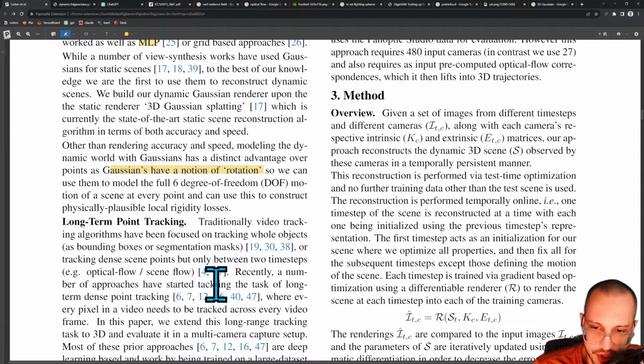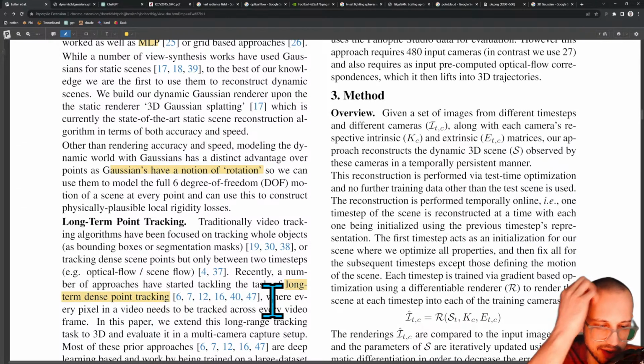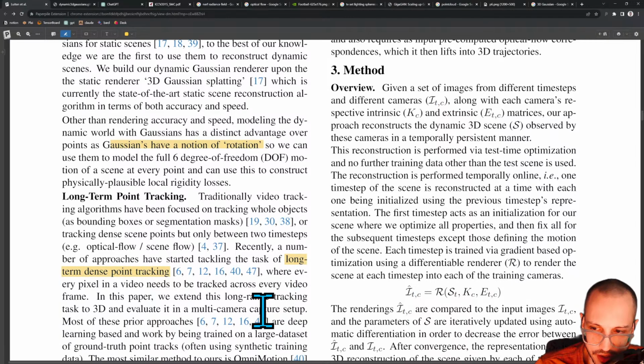Recently, a number of approaches have started tackling the task of long-term dense point tracking, and even then, the papers that we've read on this type of tracking problem call it long-term, but we're still talking about 10-second clips, 30-second clips, right? We're still a far way away from hours or days of tracking, where you're tracking the same thing over hours and hours of footage, where every single pixel in a video needs to be tracked across every video frame.